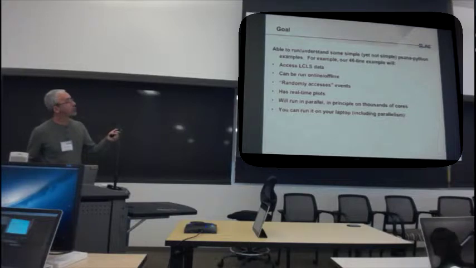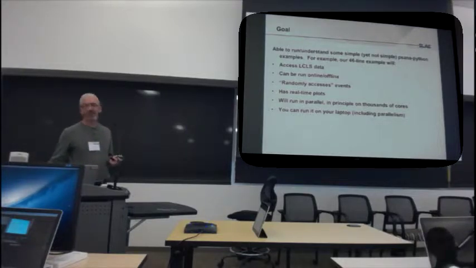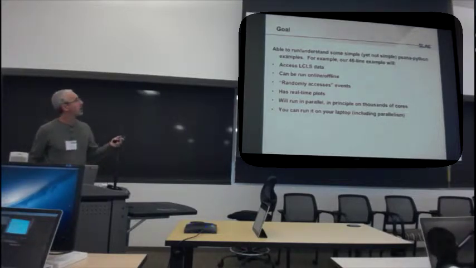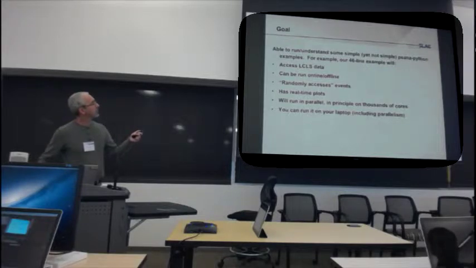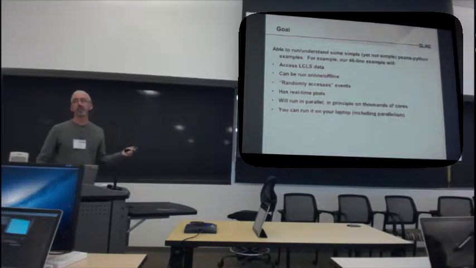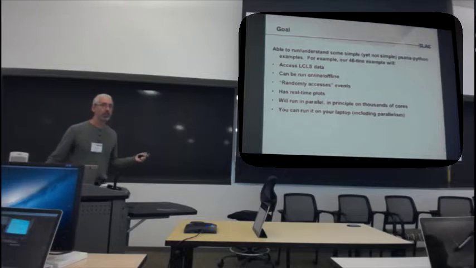Okay, so what's the goal of my talk today? I think I have an hour, right? Yes. The goal is that you should be able to run and understand what I'll call simple Psana Python examples. The most complex example is going to be 46 lines of code. The simplest ones are just 9 lines, handfuls of lines.